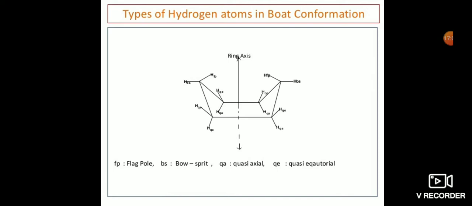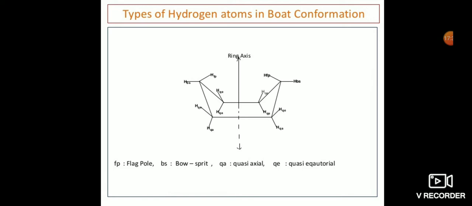The 2 bonds projecting outside are bowsprit type hydrogens. Below this you can see carbon and attached hydrogen, quasi-axial (Qa) and quasi-equatorial (Qe).